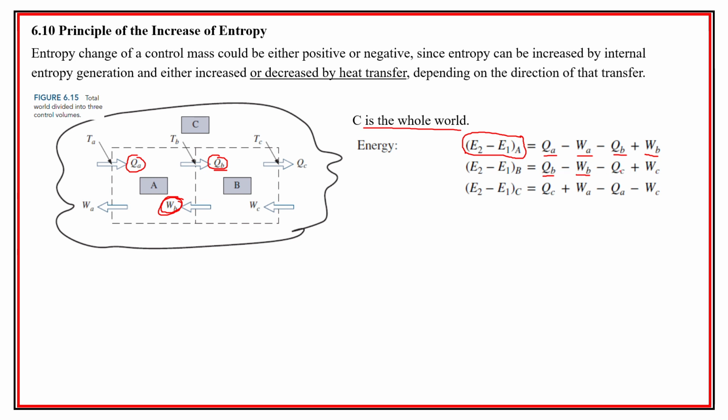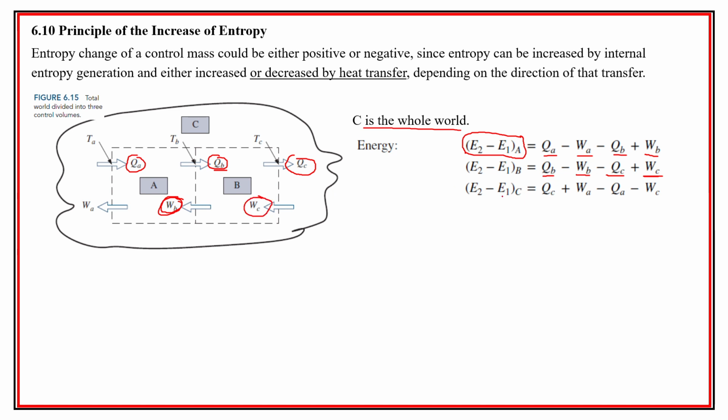And then we have something that's leaving to go to C, right? So we have from B, we're exiting and going to C. And of course, that's negative because we've placed it right here. And then we also somehow, the world is giving us some work. So we have this right here.